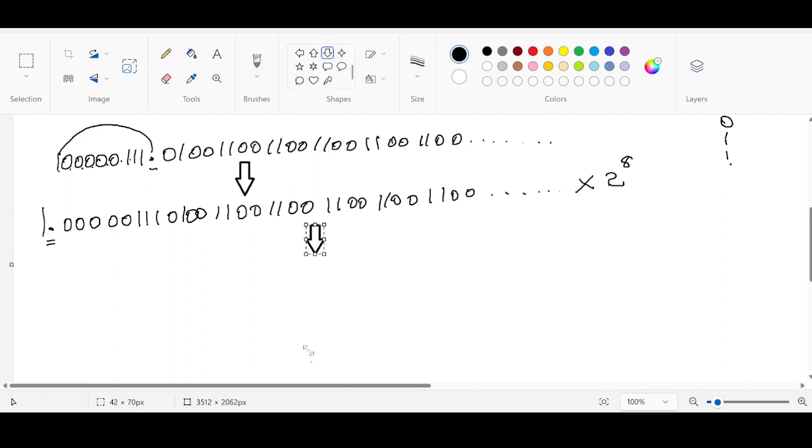We need to write this number in IEEE 754 format. Last step, we need to convert this number to IEEE 754 format. How do we do that?